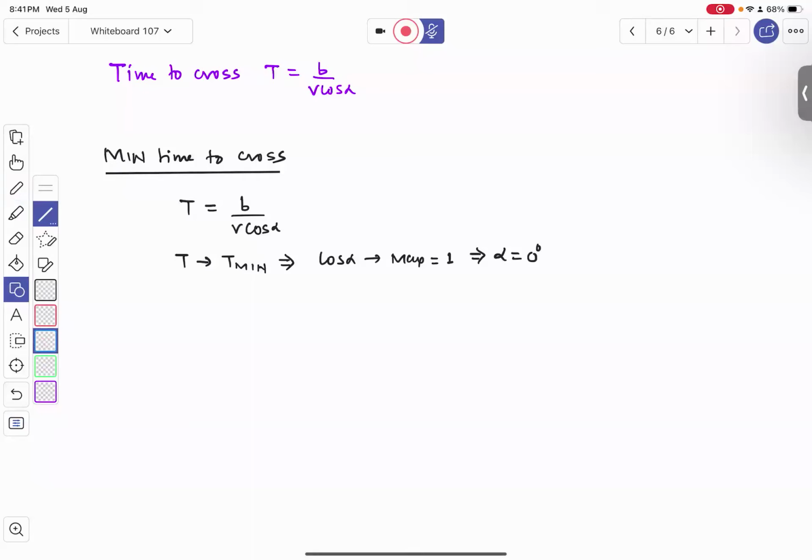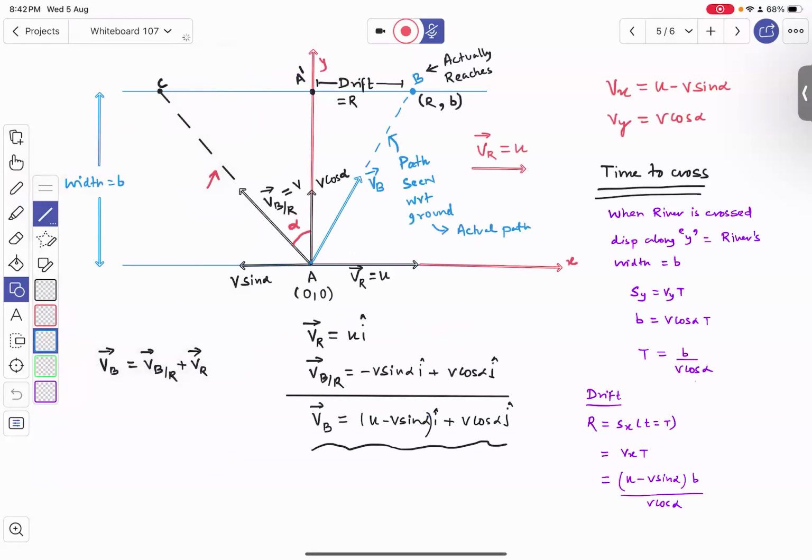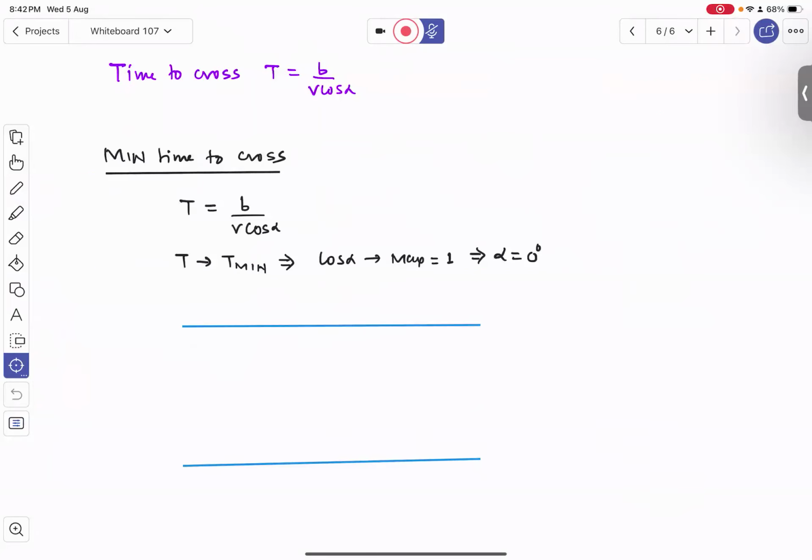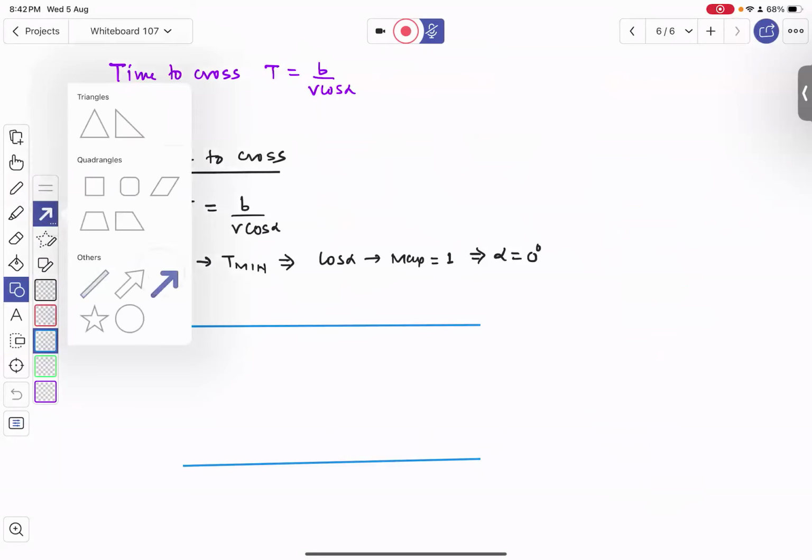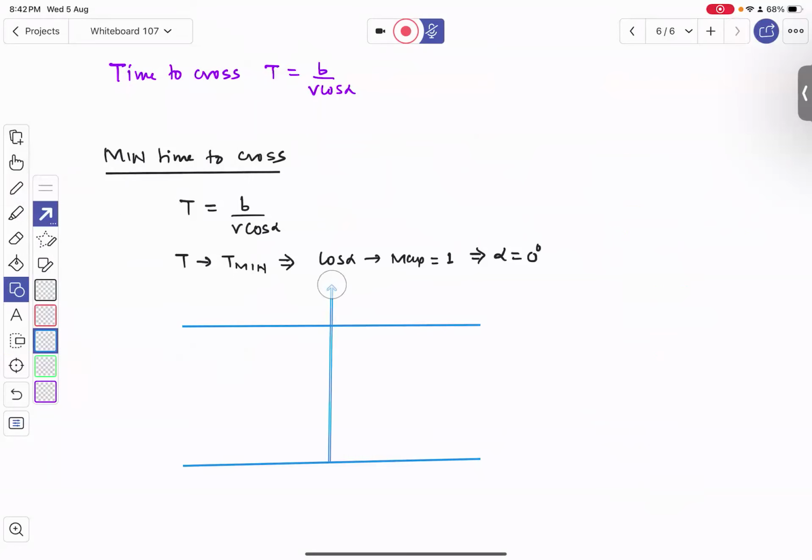So for that case, if I draw the diagram, check what alpha really is. Alpha is the angle made by the VBR vector with the y direction, no? So if alpha is 0, the VBR vector will be lying in the y direction. So this way is our VR vector, and this way is our VBR vector.